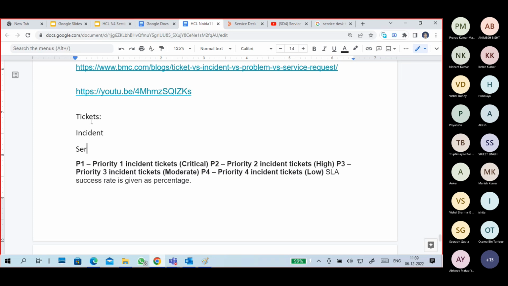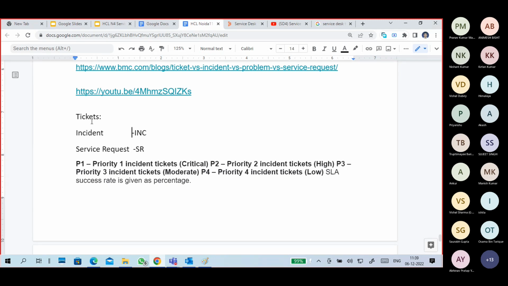Next one is service request, a very important one. The short term is SR. People use different short terms, so we need not worry about whether this is the only correct one.